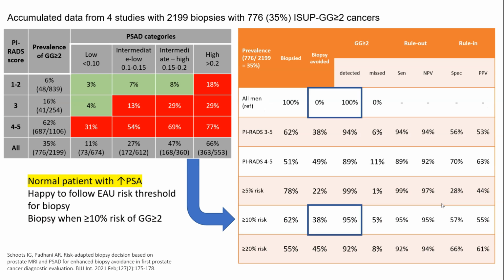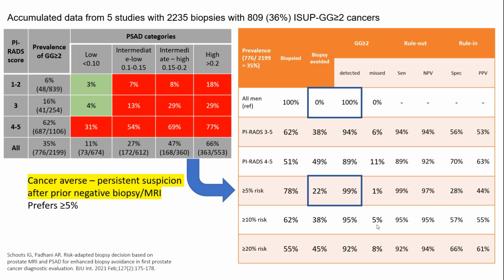So if you take this compilation and you apply the preference threshold of 10%, which is the EAU risk threshold, we can show that compared to the standard approach, the number of biopsies avoided is 38%, the number of clinically significant cancers detected is 95%. In other words, you will miss 5% of cancers.